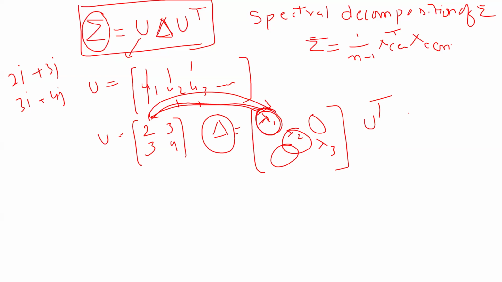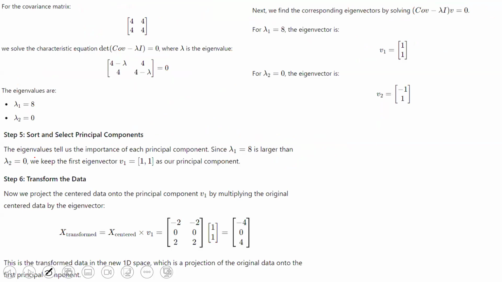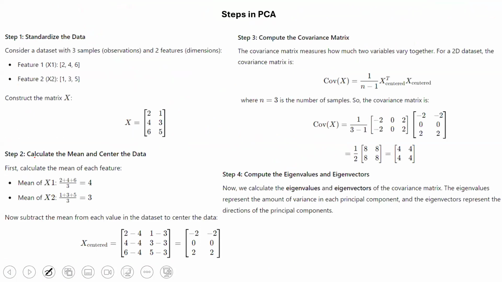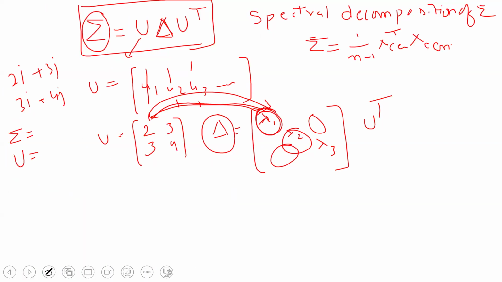Now we have the previous example, so let's take the values from it and try to answer this. What is the sigma from this? What is the covariance matrix? 4 4 4 4 is the covariance matrix. What is u?